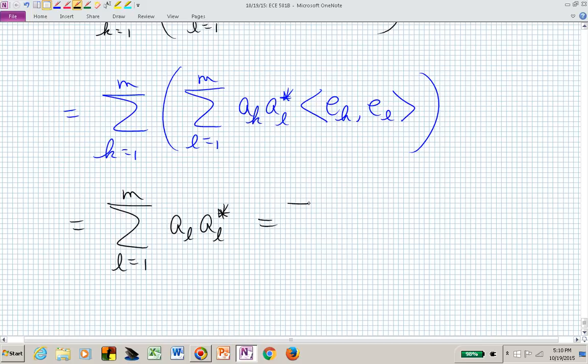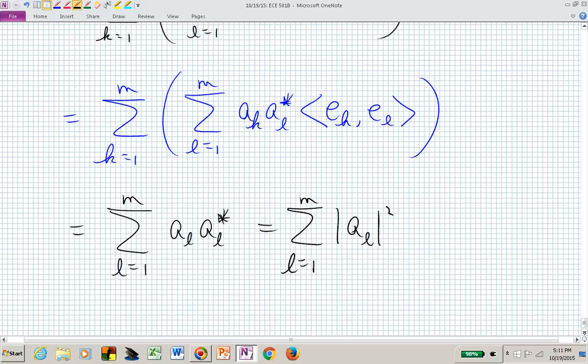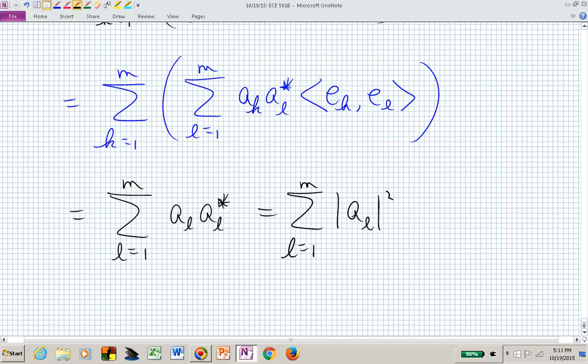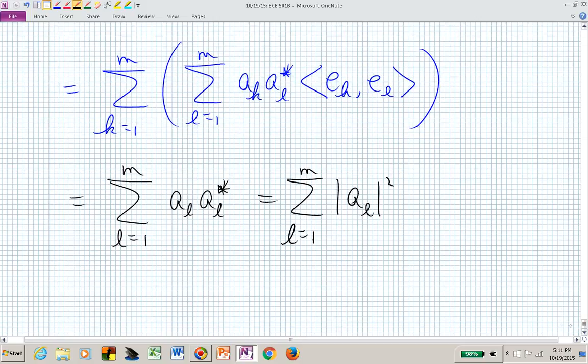So this is now the sum from L equal 1 to M of the absolute value of a sub L squared. And what in the world is that? Well, that's exactly what we were trying to show. This is now the absolute value of a sub 1 squared, a sub 2 squared, all the way to a sub M squared.